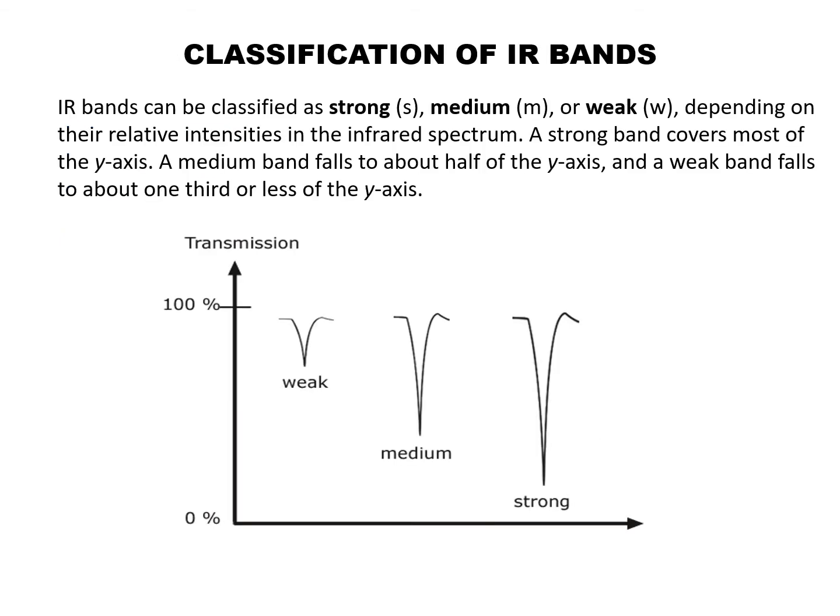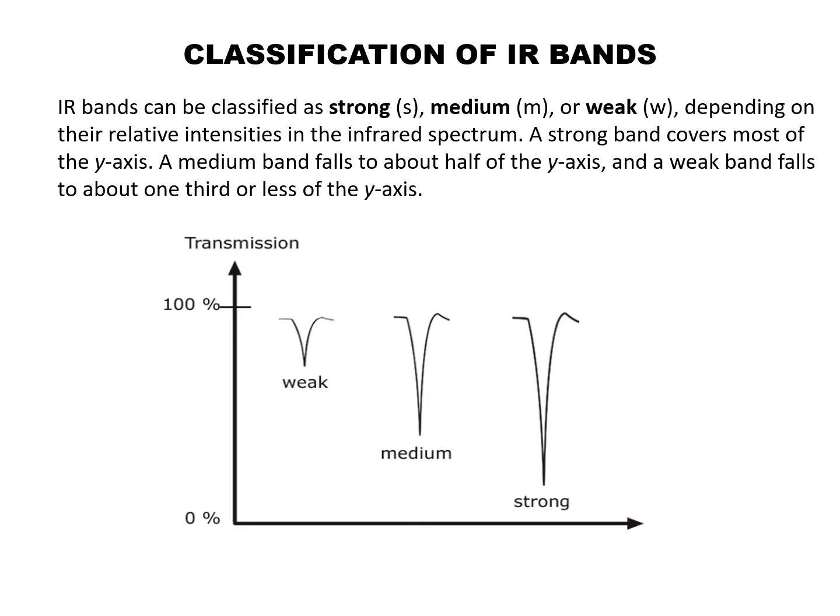IR bands can range from strong to weak. This depends on the nature of the bond. Some bonds have weak bands, other bonds have strong bands.